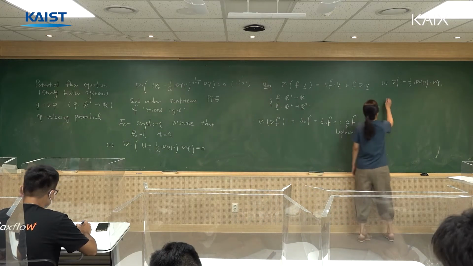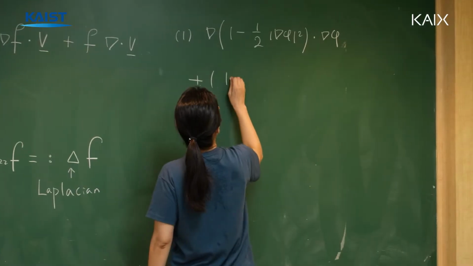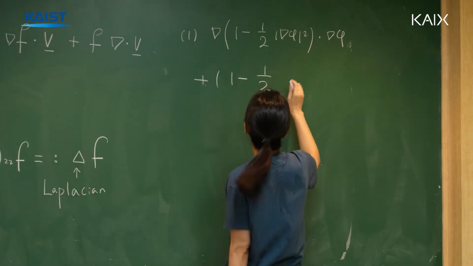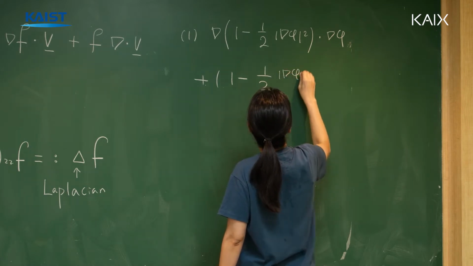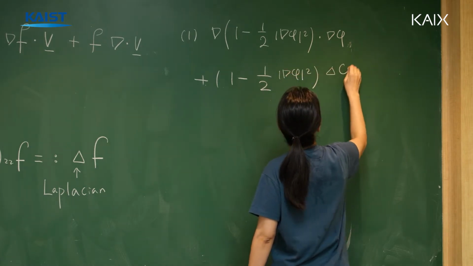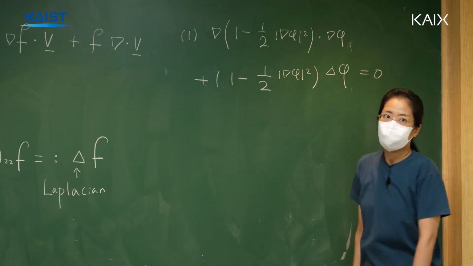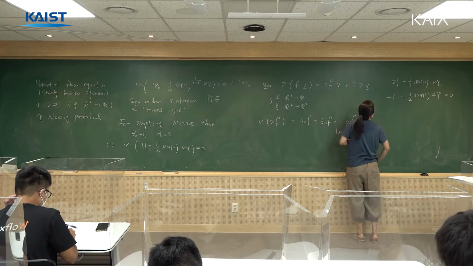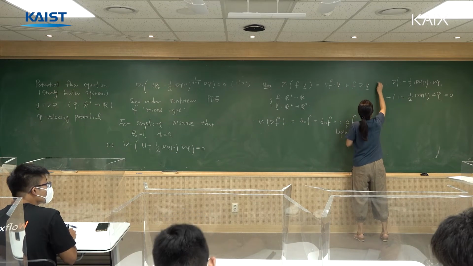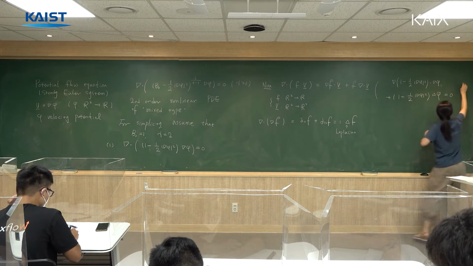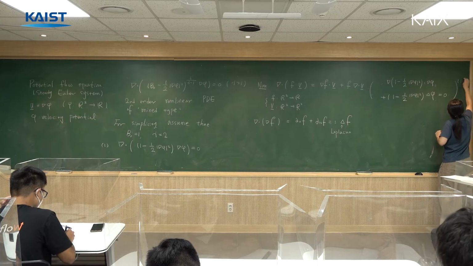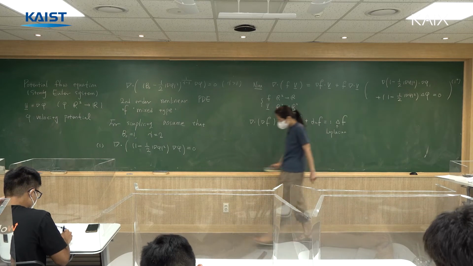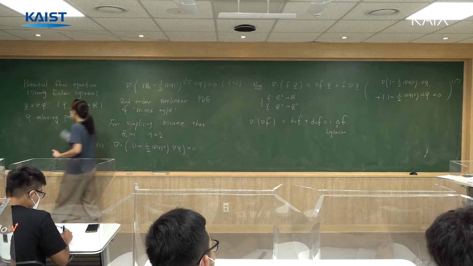So this plus, it's a pity that I don't have enough space here, but we are going to make some more room later, times the Laplacian of phi equal to 0. So the writing is not so good, but let's call this 1 star. This is the more extended form.